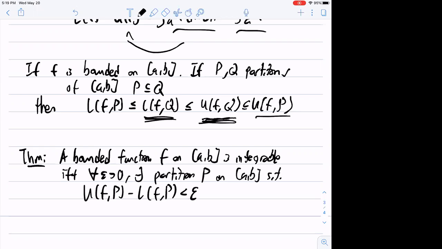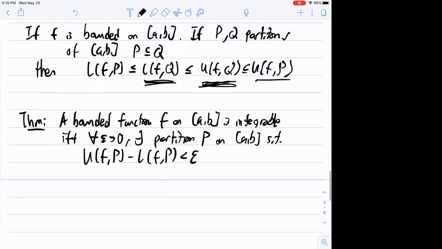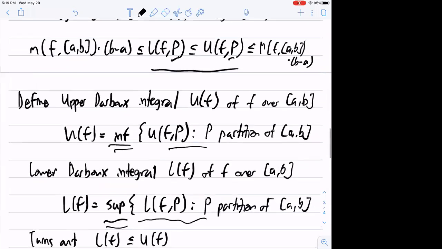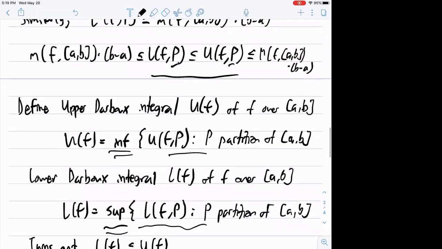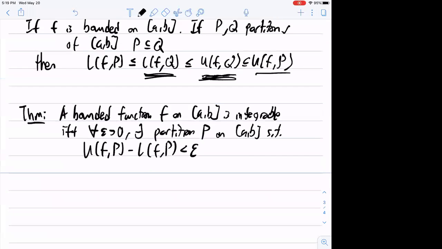So why is this nice? If your goal was to show f is integrable, one way would be to calculate this, right? But how are you going to calculate over all partitions? There are infinitely many partitions, right? So what this theorem says is you just need to find one partition where the difference between the upper and lower sums is less than epsilon.